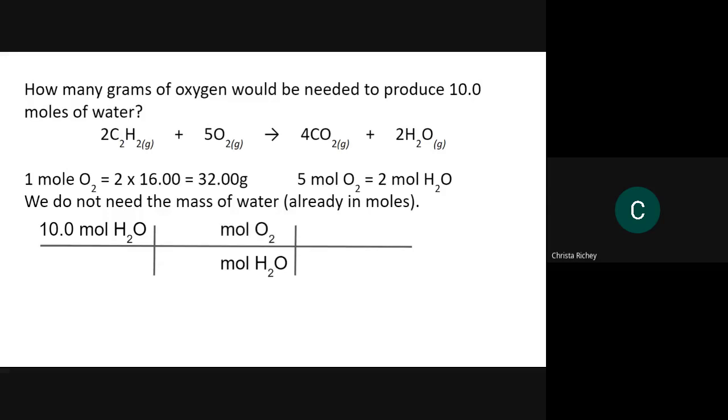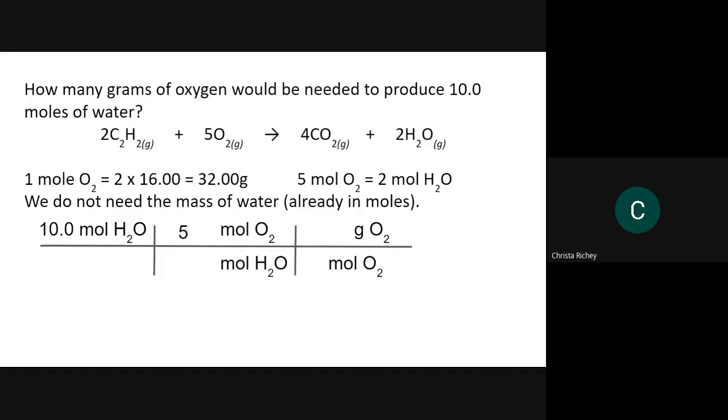I don't need the acetylene in here. And I don't need the carbon dioxide in this one because the problem doesn't talk about it, whether you're starting with it or you're trying to end up with it as your answer. I'm going to bring down moles of oxygen because I don't want to be in moles of oxygen. I want to be in grams of oxygen.